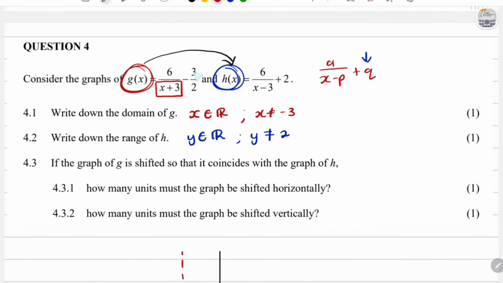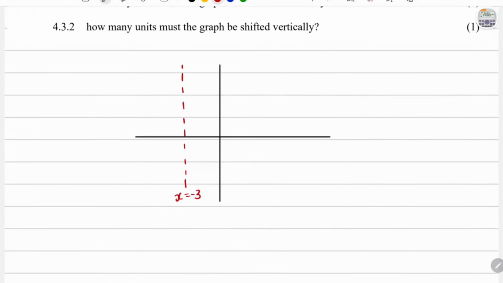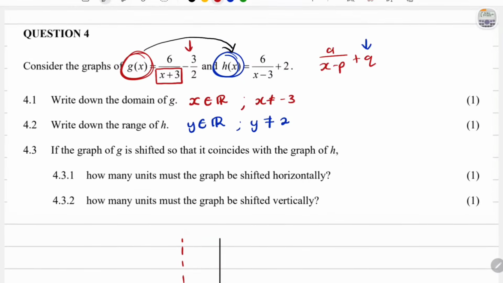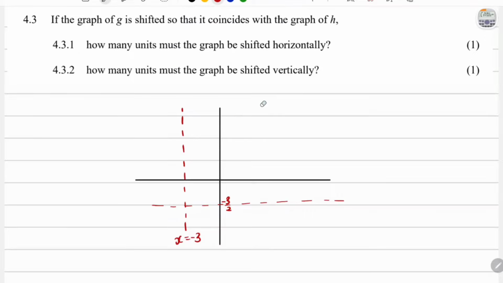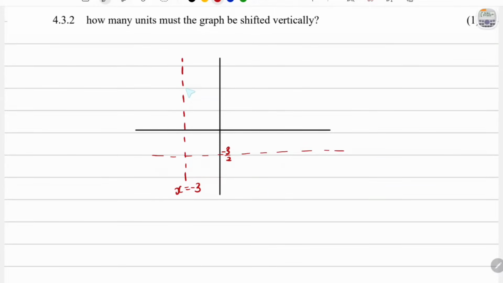And then we have a horizontal asymptote here, because that is our q value, or our horizontal asymptote value, at y equals -3/2. So that would be y equals -3/2 on the y-axis, and this is our asymptote, okay? Now, because our graph has a positive a value, it's going to lie in the first and the third quadrant, but it needs to lie in a way that it perfectly fits with its asymptotes.